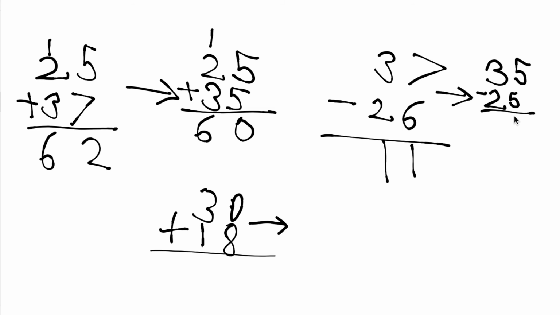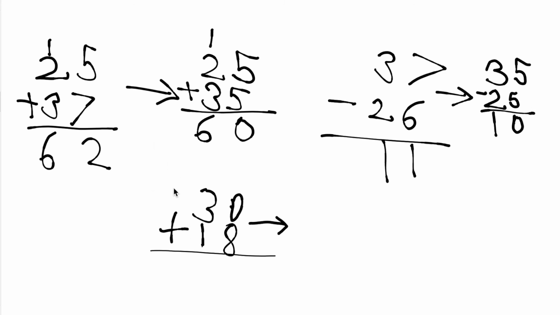Just kidding, it's 0. So we put 0 right here. And 3 minus 2 is 1. So the answer is 10. It's super close to 11. 10 is really close to 11.